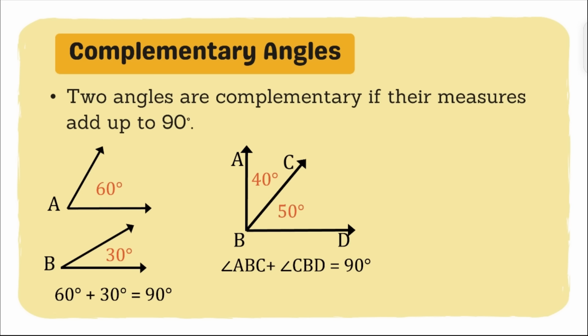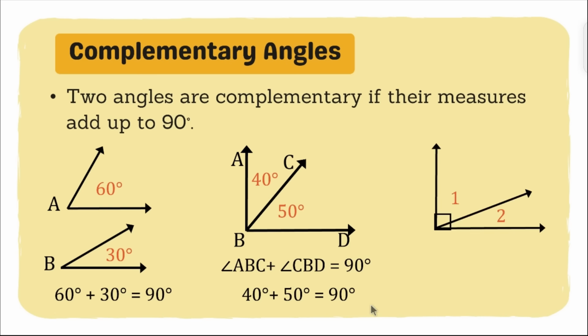Okay. It should be 50 degrees. Okay? Paano yon? You can just subtract 40 from 90 degrees and you will get 50 degrees. Okay? So if you add them, 40 plus 50, you will get 90 degrees.